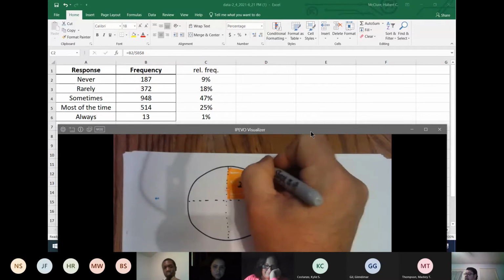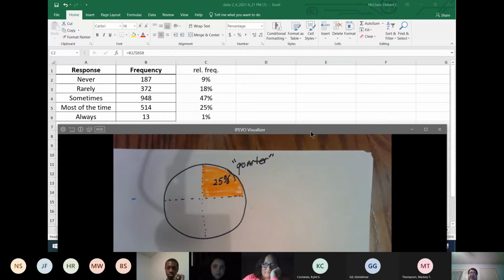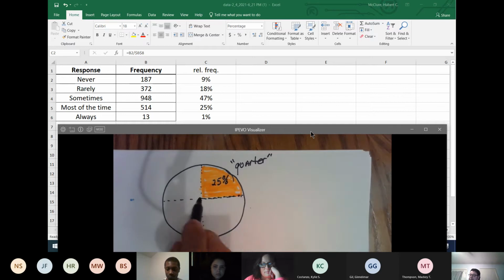Now somebody tell me what the second easiest percent to draw is. 47. Why do you say that? Because it's close to what? 50. And you know, 50% is this line that goes across here.